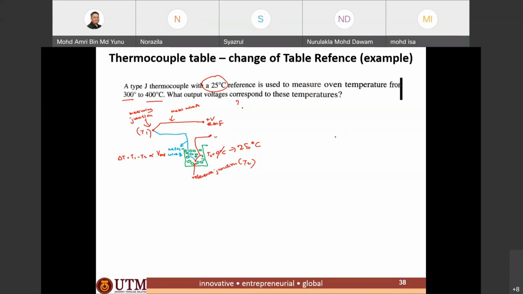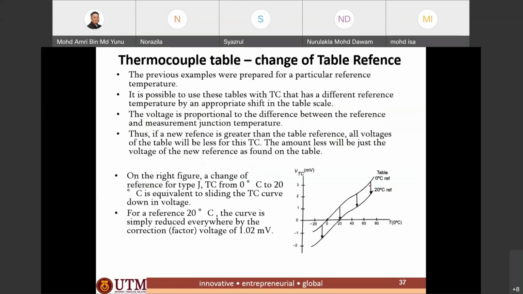Since this reference is not 0 degrees Celsius, a correction factor must be applied to the table voltages. In this case, all the output has shifted down.